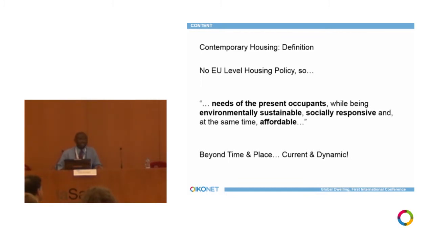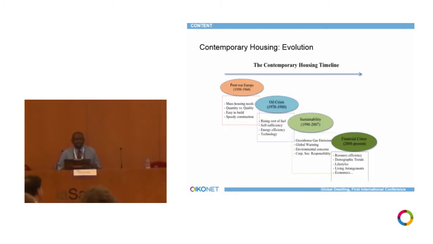Contemporary housing is not a static thing; it is dynamic, which means that it is continuously adapting to the needs of its occupants. I won't go into the history of how it evolved, but the literature shows that it started in most parts of Europe after the Second World War.